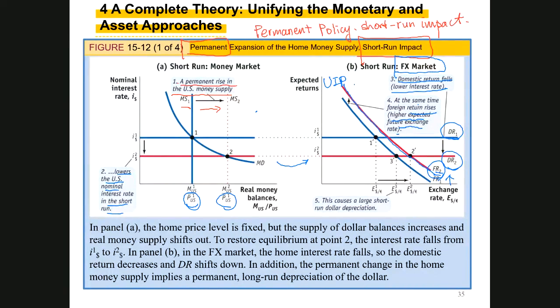Okay, so you see the exchange rate jumped from 1 to 2. That means the US dollar depreciates from 1 to 2.